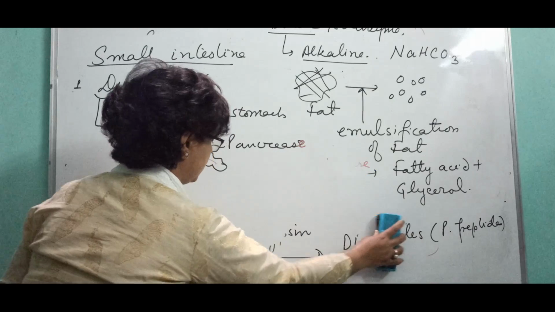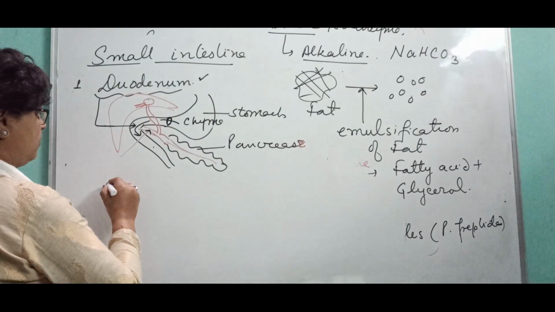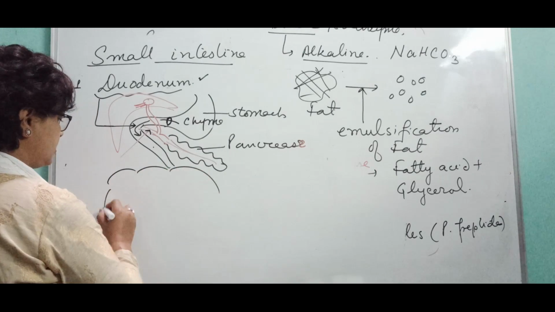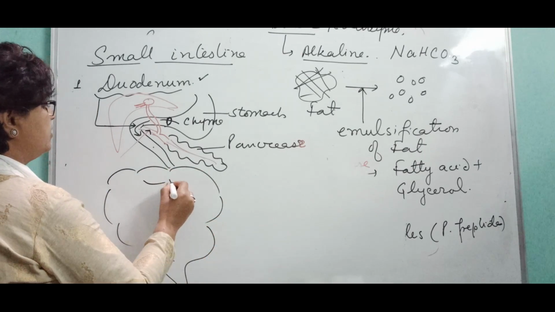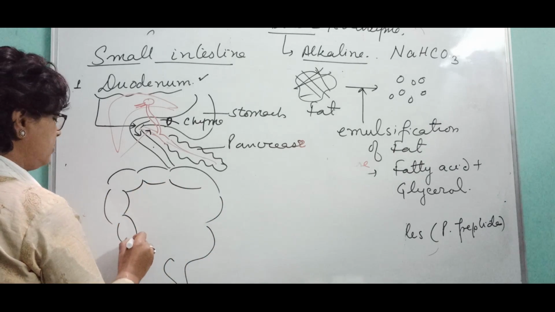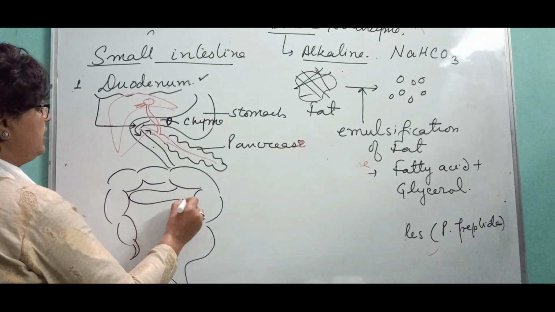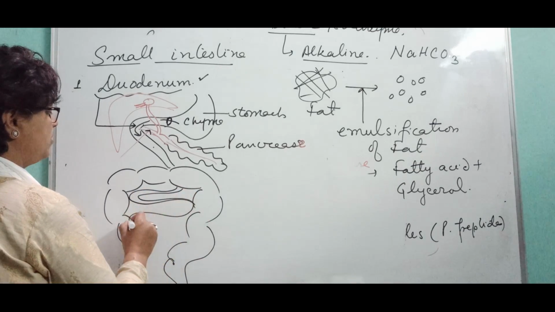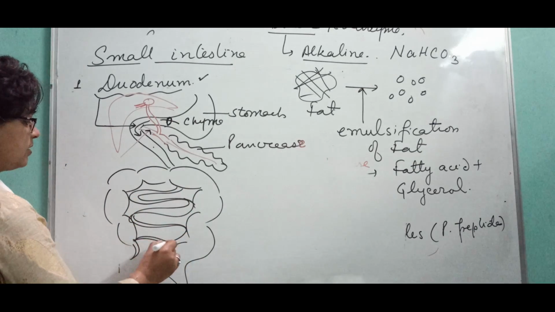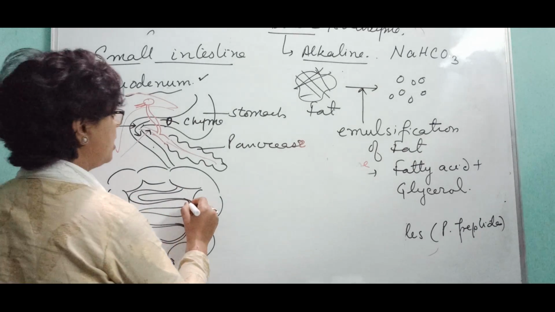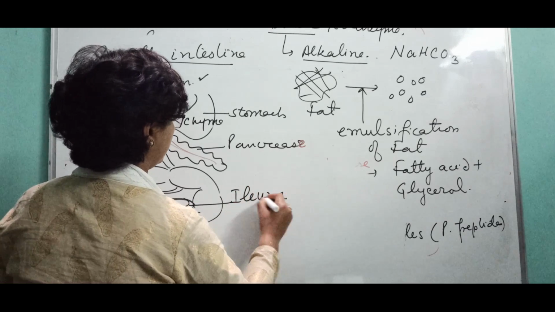First of all, find the location: this is the large intestine, like this, and in between there is the ileum part, which is the last part of the small intestine. I am going to open this one like this. So now we are here, termed the ileum.